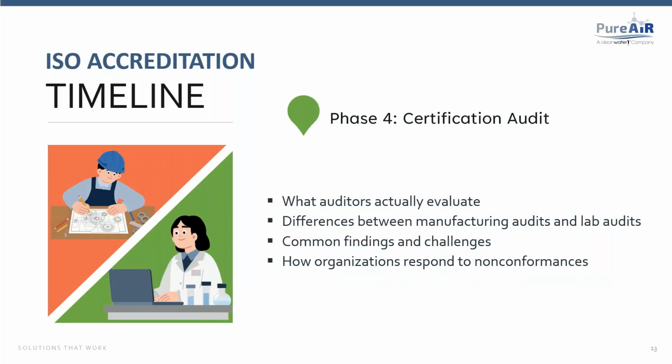So that takes us to our fourth phase, which is the certification audit. The certification audit is the last and big step in terms of getting the initial accreditation. This is when the auditors will come in from that third body and take a look at your overall system.